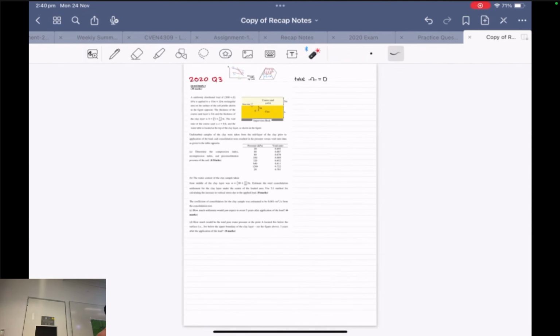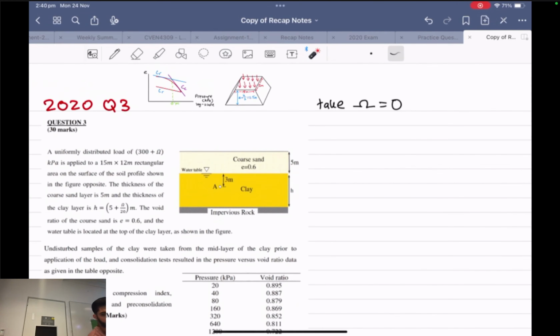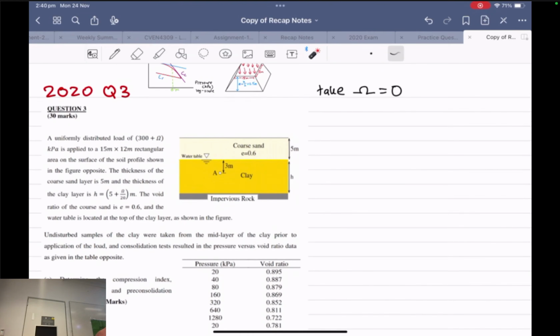So we'll move on to a question to apply that. Alright, same thing here, we're taking omega as 0. So we have a uniformly distributed load of 300 kilopascals, so you know that Q is equal to 300.